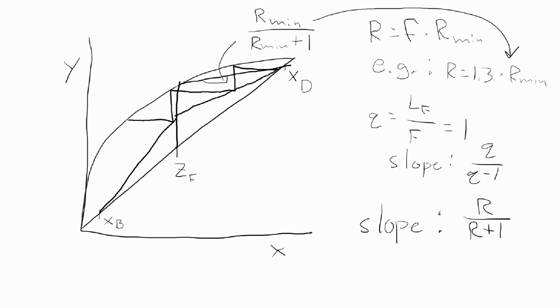And now we start stepping back and forth between the stripping section operating line and the rectifying section operating line. Sorry, and the equilibrium curve. Okay, so we've drawn here our 1, 2, 3, 4 stages. Stage 2 is our feed stage. And stage 4 is our reboiler.